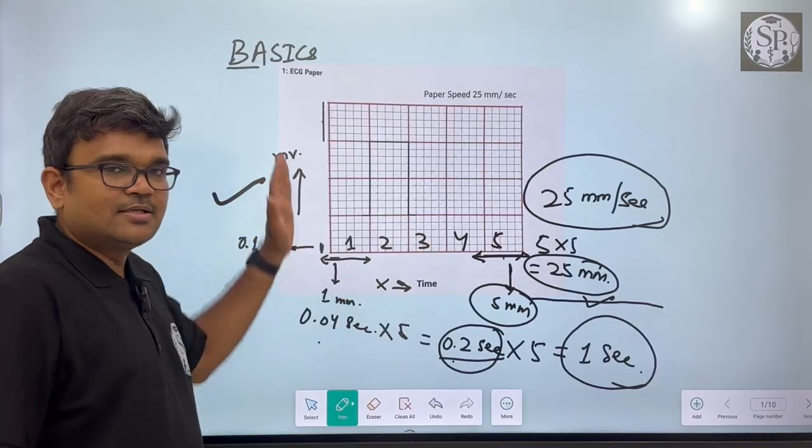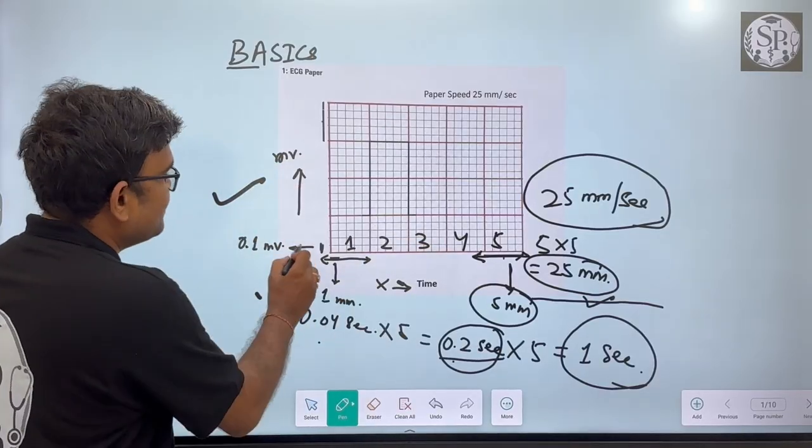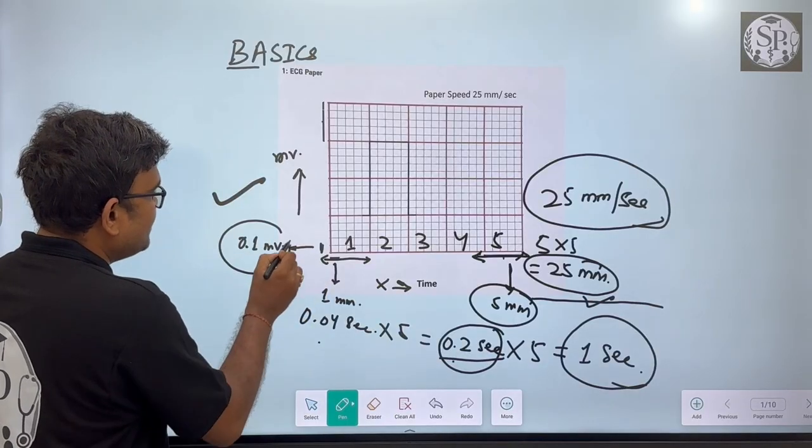On the y axis, each small square is 0.1 millivolt.